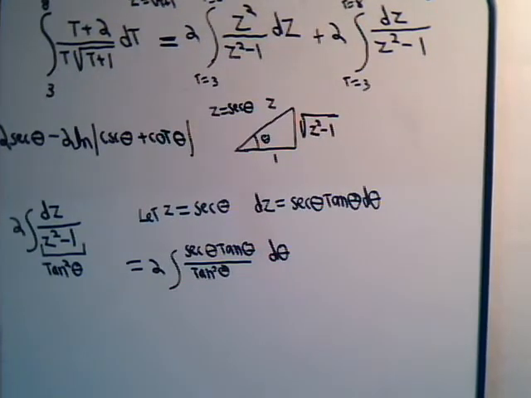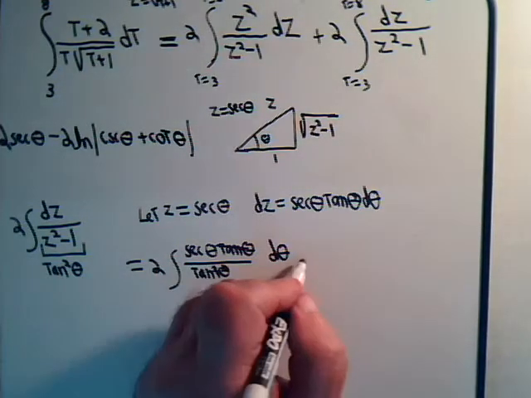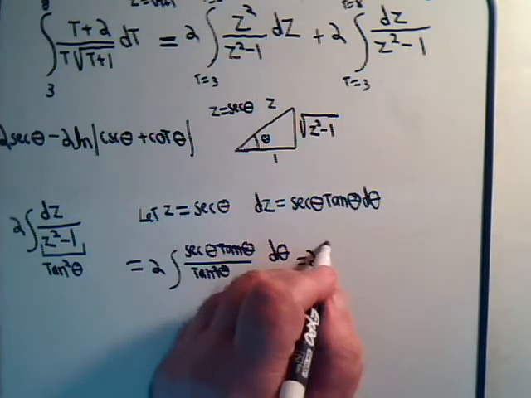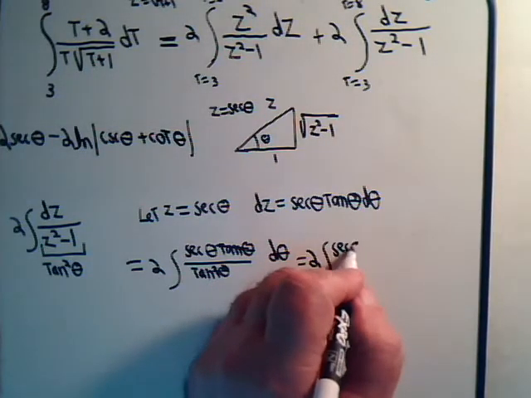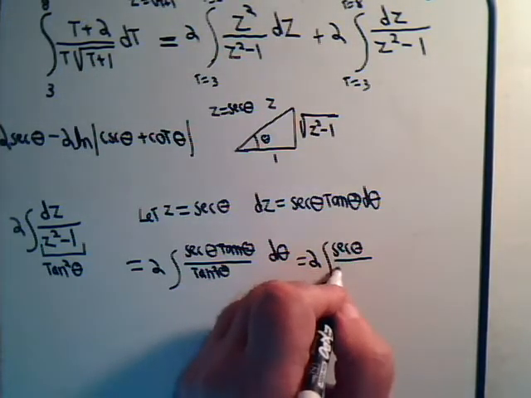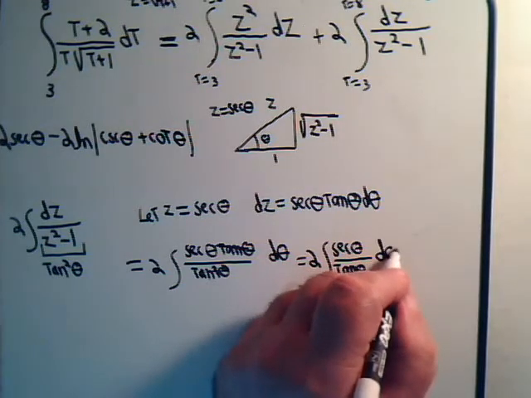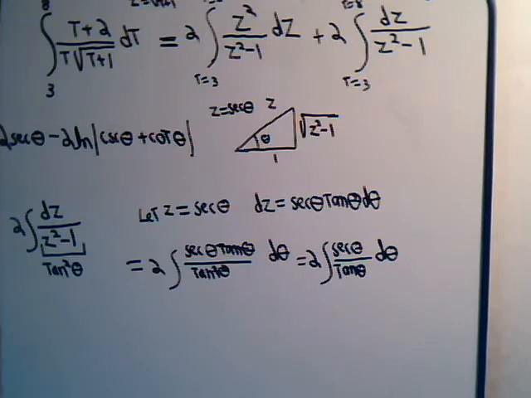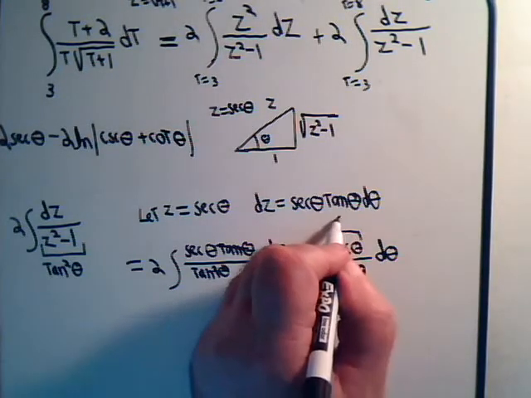and these are going to cancel. So we have 2, the integral of the secant of theta divided by the tangent of theta d theta, and it seems like we just did this. This is the cosecant of theta here.